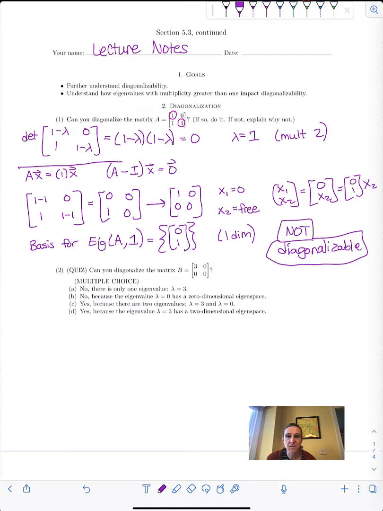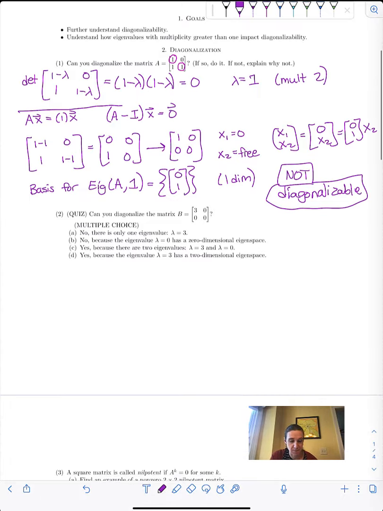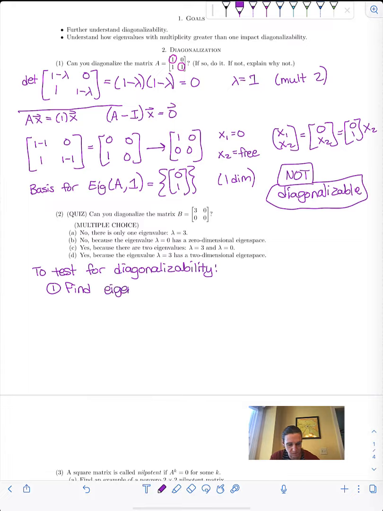Okay, so for your quiz, we have another example, and just to make sure we're all clear on how to do this, here is how to test for diagonalizability. First you find your eigenvalues. If A is an n by n matrix, let's assume that so we can think about this in general.